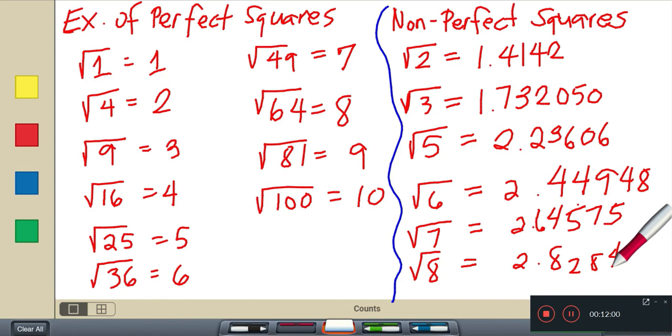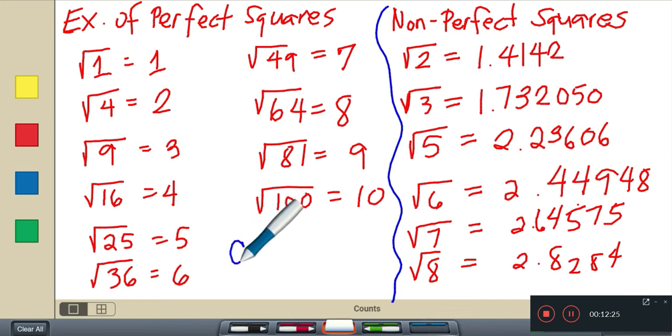So now, from these examples, I know you will use this square root in identifying numbers in the real number system. As you can see here, all the perfect squares will be what? Under rationals, and there, in natural or counting numbers, right?